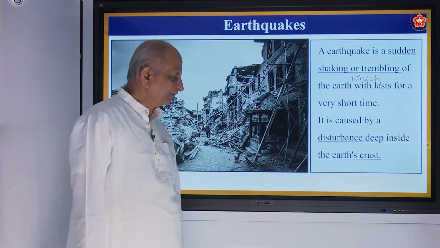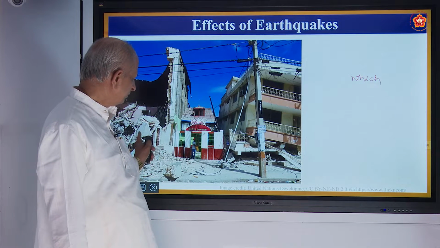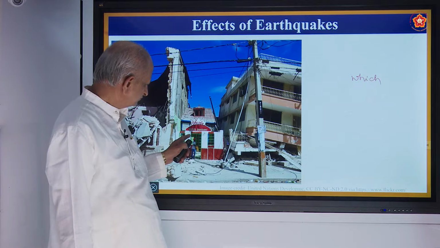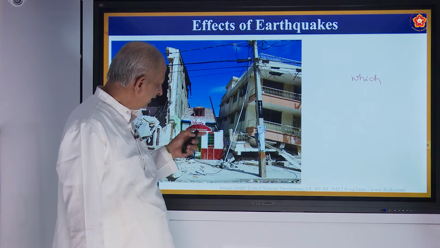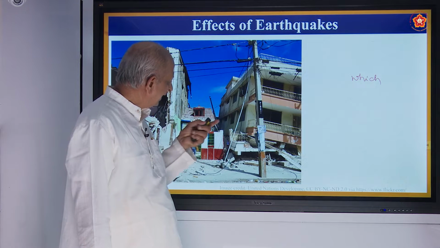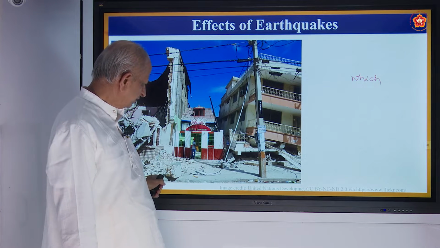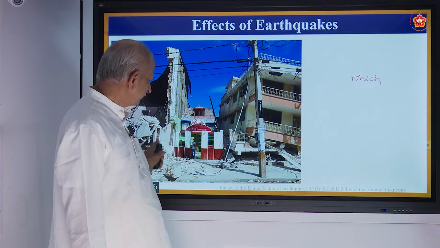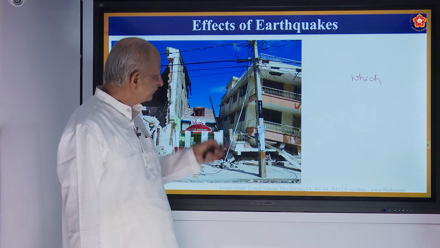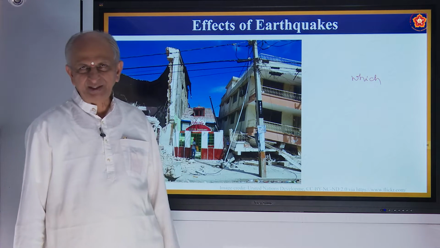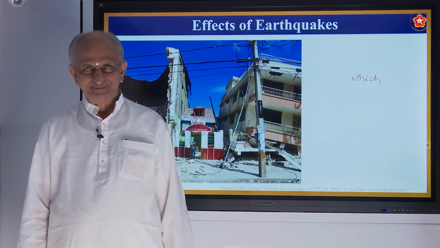Shall we see one more photograph? Yeah. See, such a beautiful building. This building is actually a hotel, and see how it is disturbed due to the earthquake. And of course, it's a natural calamity which no human being can avoid.